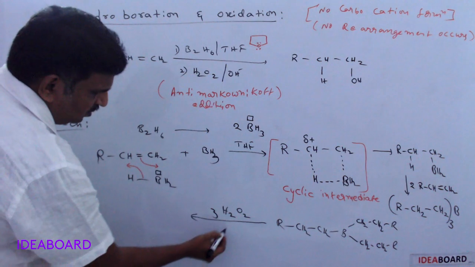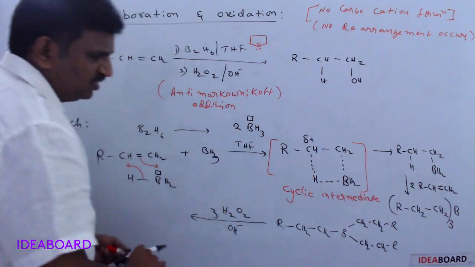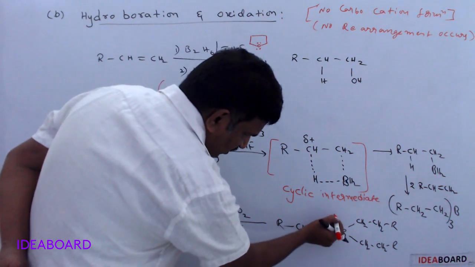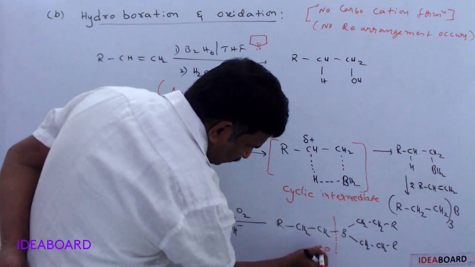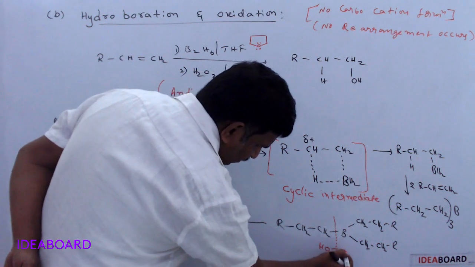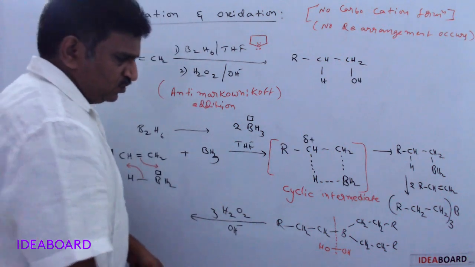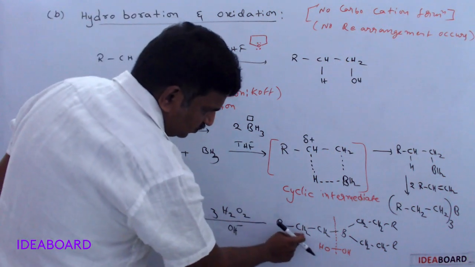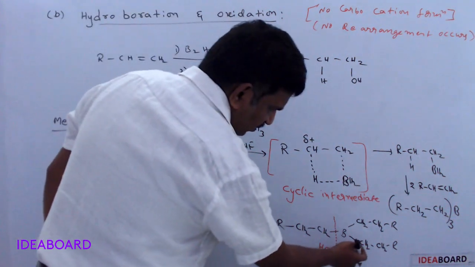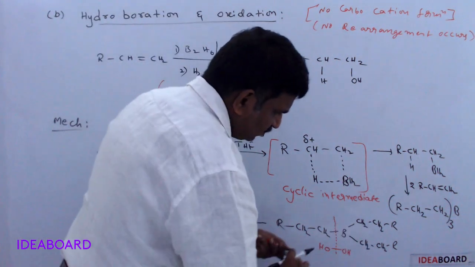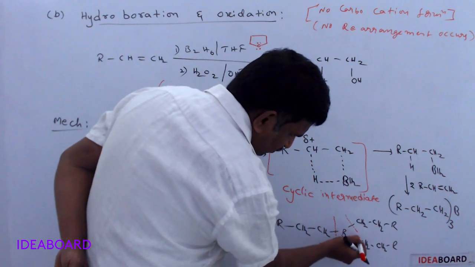In the second step, H2O2, actually three molecules, in the presence of a base. Here I am making a bond breakage. H2O2 means two OH groups are there, so RCH2CH2OH is formed. Similarly, here also the bond dissociation occurs, and we can add one more H2O2 here also.